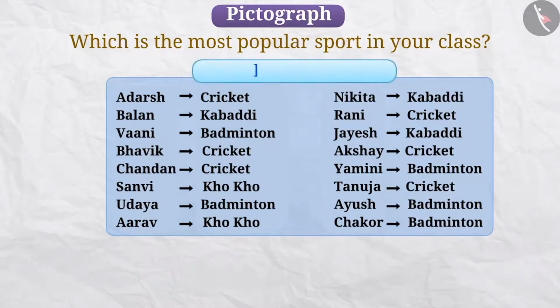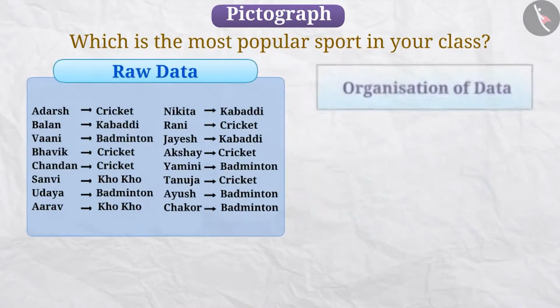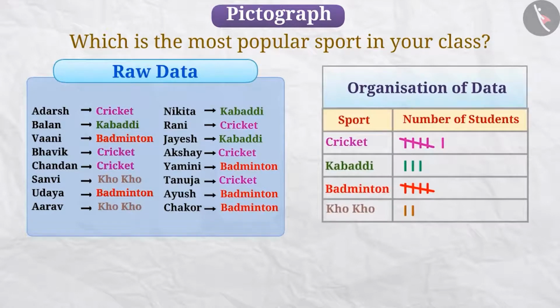It is not easy to draw any conclusions from the information collected in the form of raw data. Therefore, we go for organization of data. Today, we will understand an interesting way to represent data.